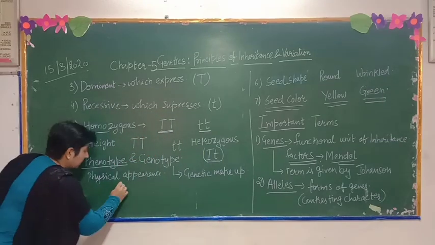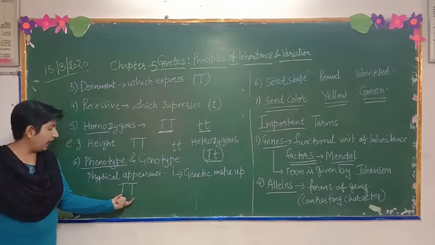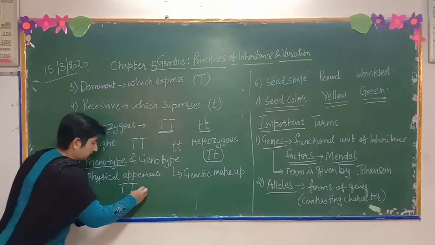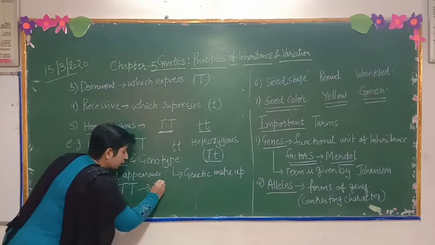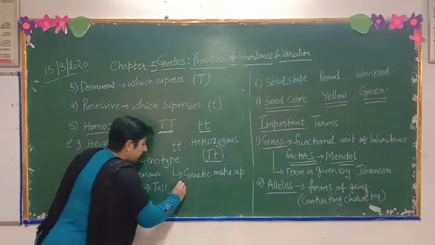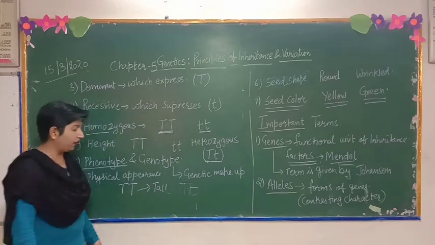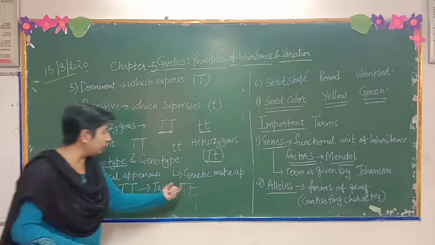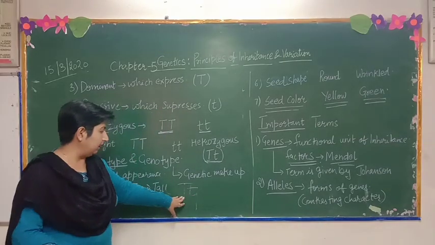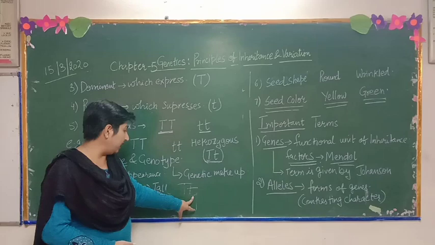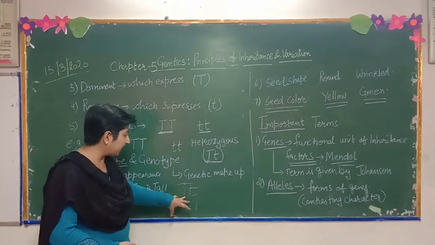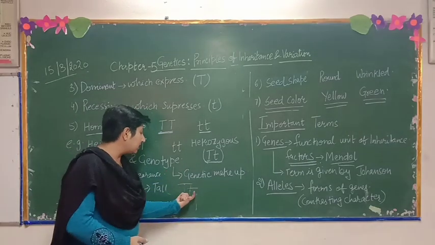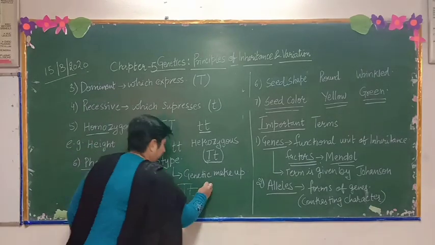Suppose I have this as a gene set, then according to this what will I get? I'll say this is tall in nature. What about this one? This is also tall because out of the two genes, if one is capital and the other is small, the one is able to express itself and the other suppresses its effect. So this is also called tall.